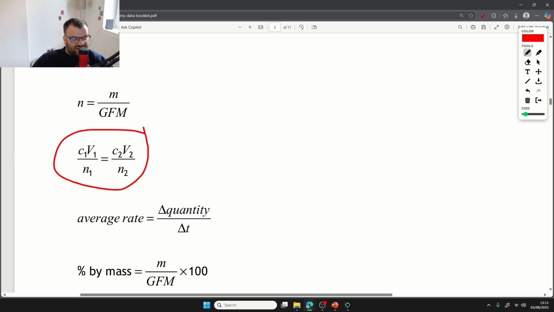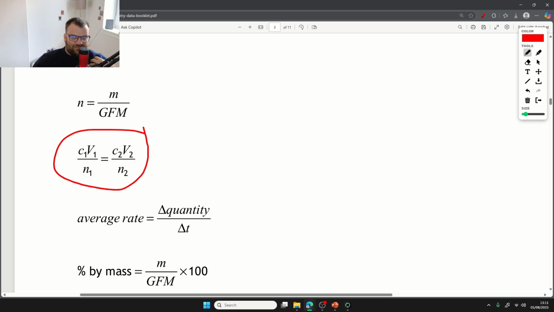In the data booklet, there is another equation that can help with those titration calculations. I don't like using this because it's very, very limiting. Like the question we just did, it would be very good and would get you to the answer straightforwardly. When you start asking for the number of moles instead of the concentration, or the mass instead of concentration, this falls down for me.